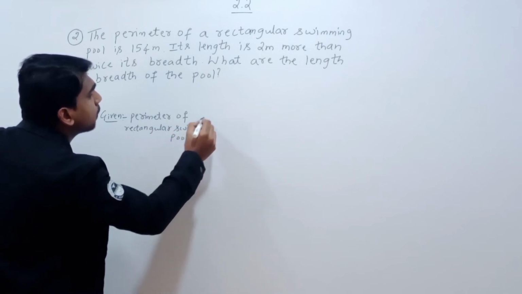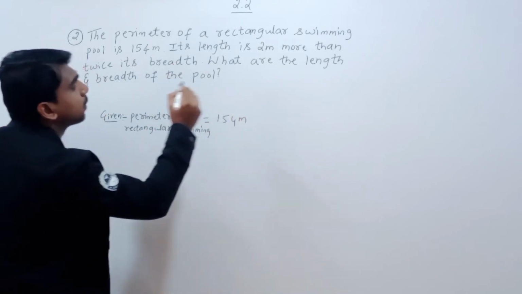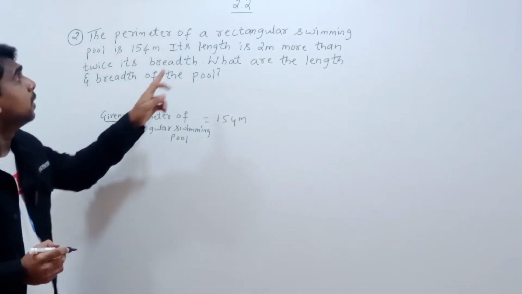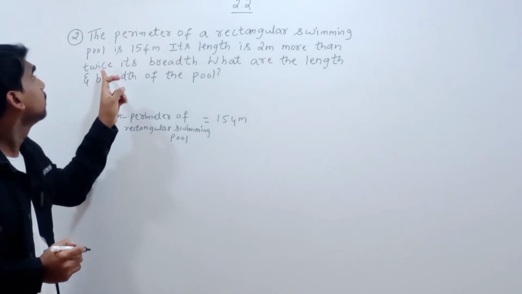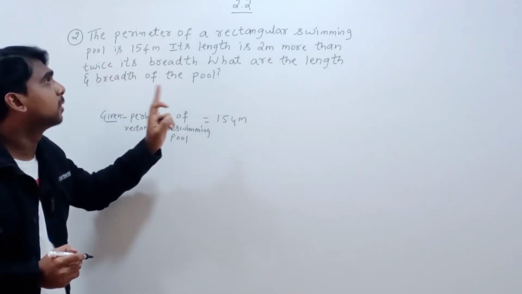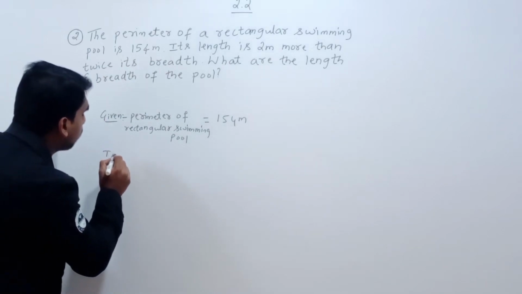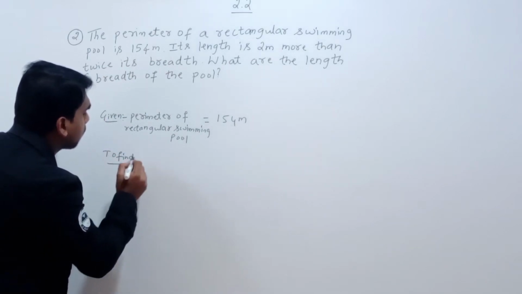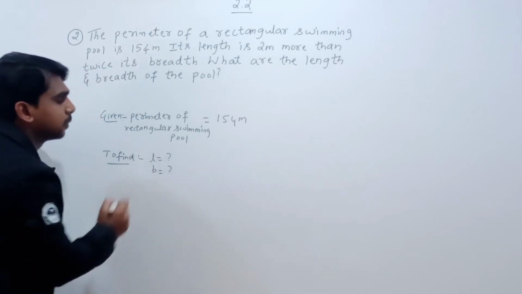Its length is 2 meter more than twice its breadth. What are the length and breadth of the pool? To find: we have to find the length as well as the breadth.